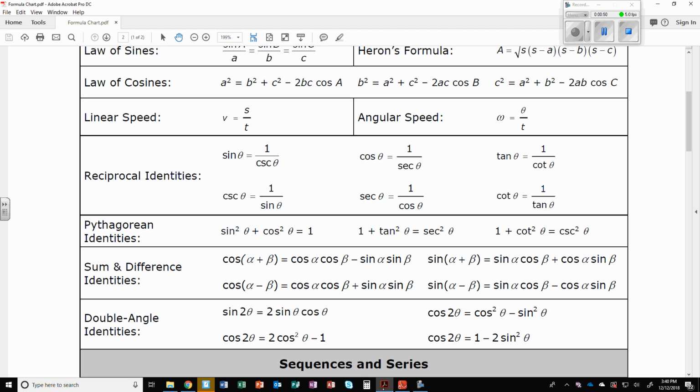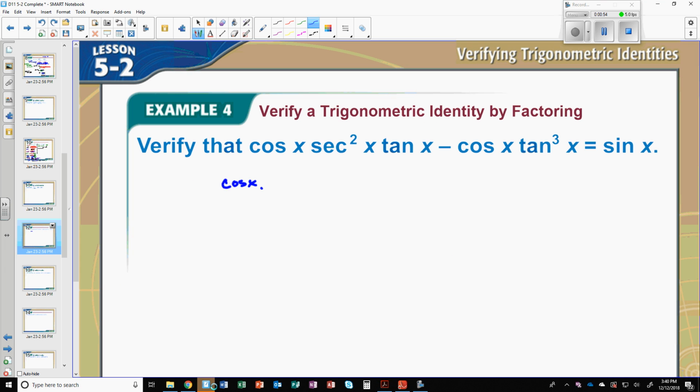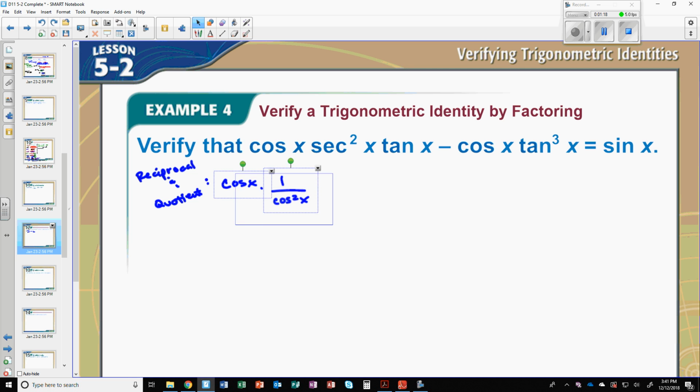If you're not sure, go to your reciprocal. Secant's reciprocal is cosine. So secant squared is the same thing as 1 over cosine squared x. So I'm doing reciprocal identities right now, and now the quotient identity.